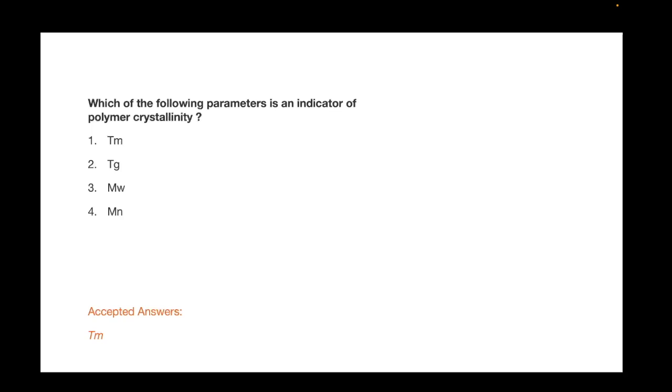Whereas the other temperature, the glass transition temperature, corresponds to changes in the movement of the amorphous polymer chains, and Mw and Mn are the molecular weights. So weight average molecular weight and number average molecular weight. So they don't define the polymer crystallinity either. So the correct answer here would be Tm, or the melting temperature.